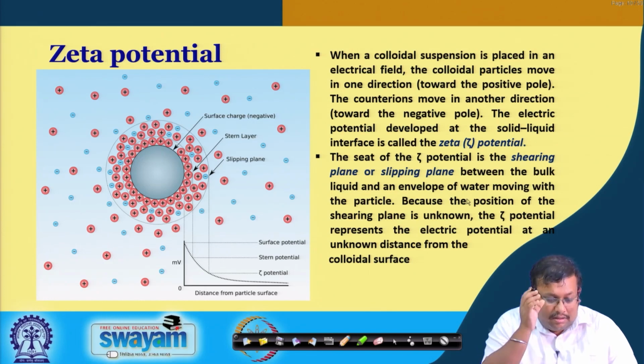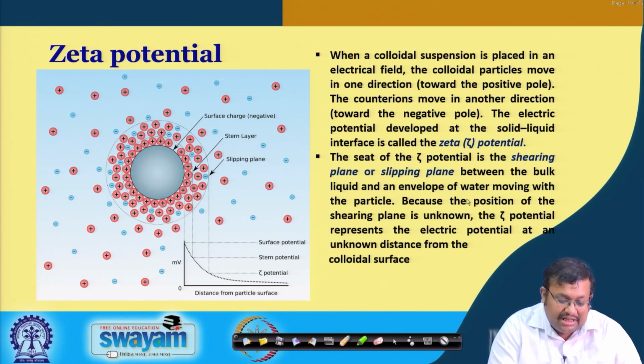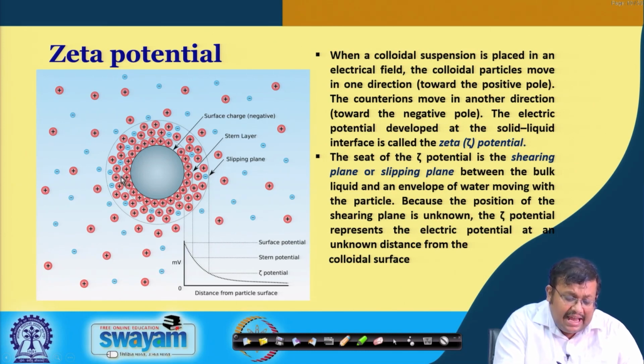Another important aspect is called the zeta potential. Now, if we consider this is a negatively charged colloid surface and this is the Stern layer, which is just adjacent to the negatively charged colloids, and after that you will see some more positively charged counter ions and a water hull surrounding these positively charged counter ions.